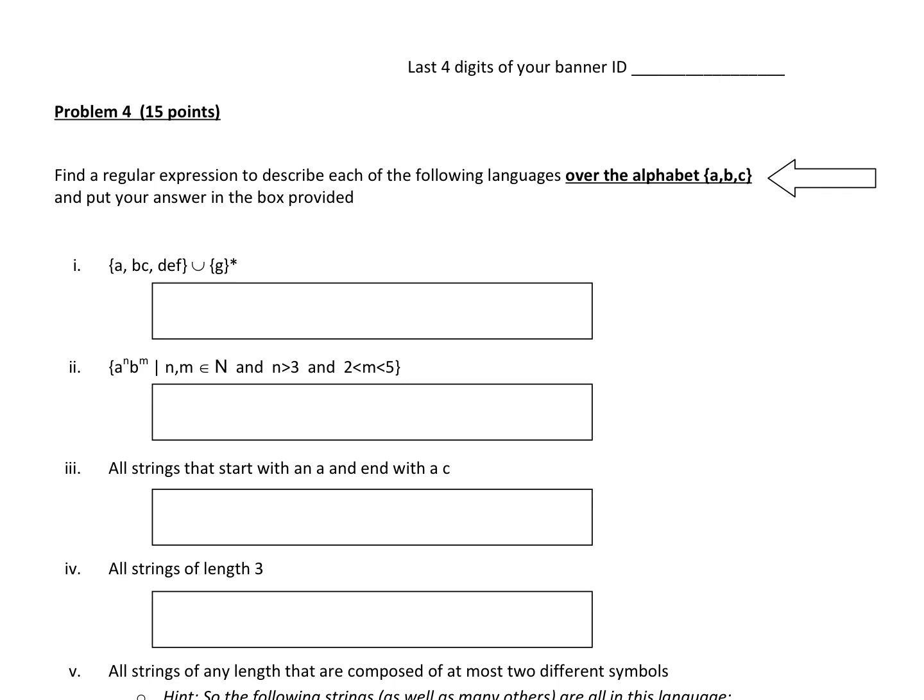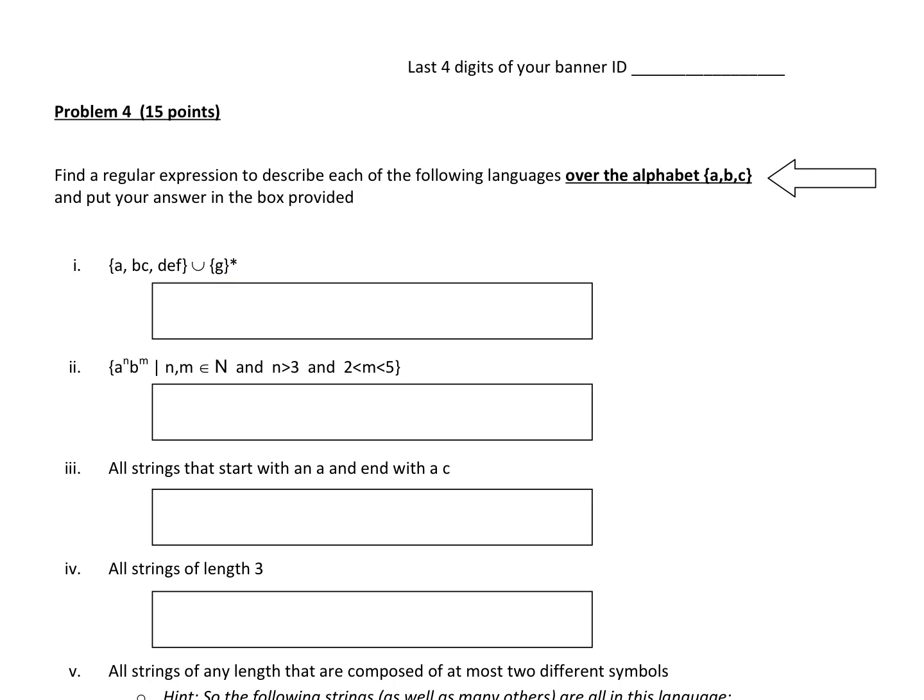In this problem, we are taking sets and turning them into regular expressions, so kind of the opposite of what we were doing in problem 2. Here we've got the union of two sets. This is just a finite set that has three elements in it, three strings, right? A could be considered a string as well as a letter of the alphabet. And we're taking the union of that with the set of all strings that have 0 or more G's in it.